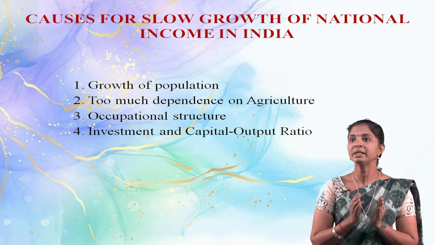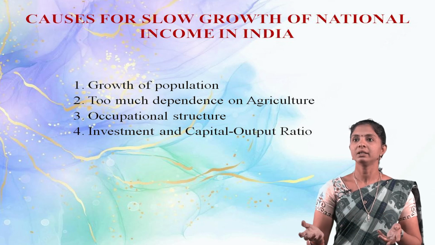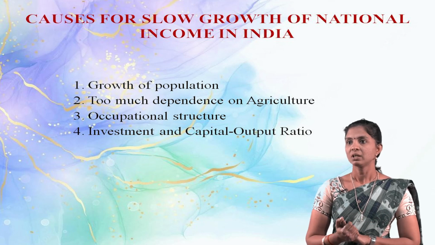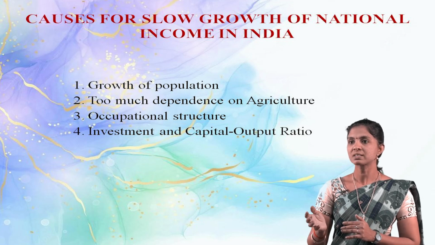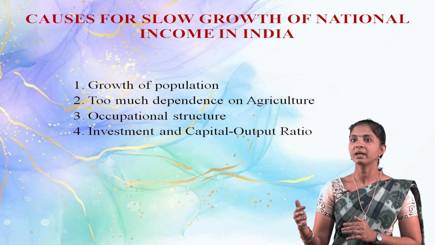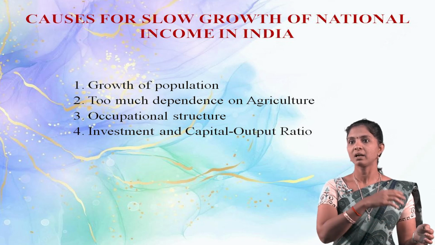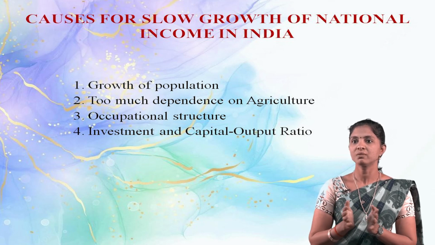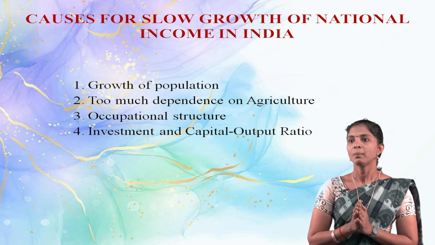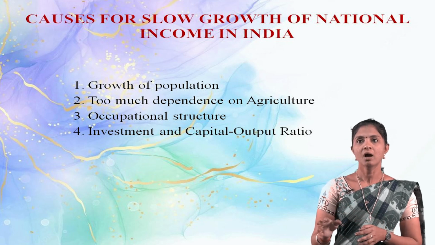This overcrowding in agriculture results in disguised unemployment and zero productivity. The need is to develop non-agricultural occupations and industries so that the excess working force in agriculture could be absorbed and the level of productivity automatically raised. This diversion of working force to other sectors would increase the national output.